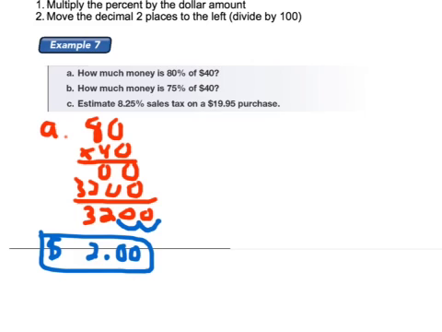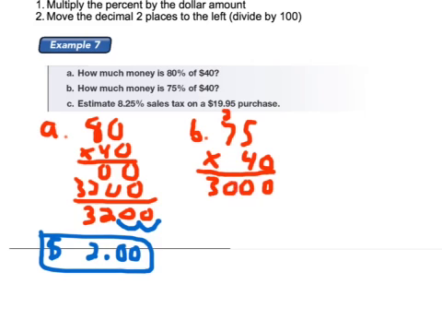Okay, let's try B. Done the same way. We take the percentage, 75, times the dollar amount. Now, another way that you can do this when you got a 0 on the end for your bottom number is you can just slide the 0 over and bring it down, and then just multiply the rest of the numbers. 5 times 4 is 20, carry my 2. 7 times 4 is 28, plus 2 is 30.